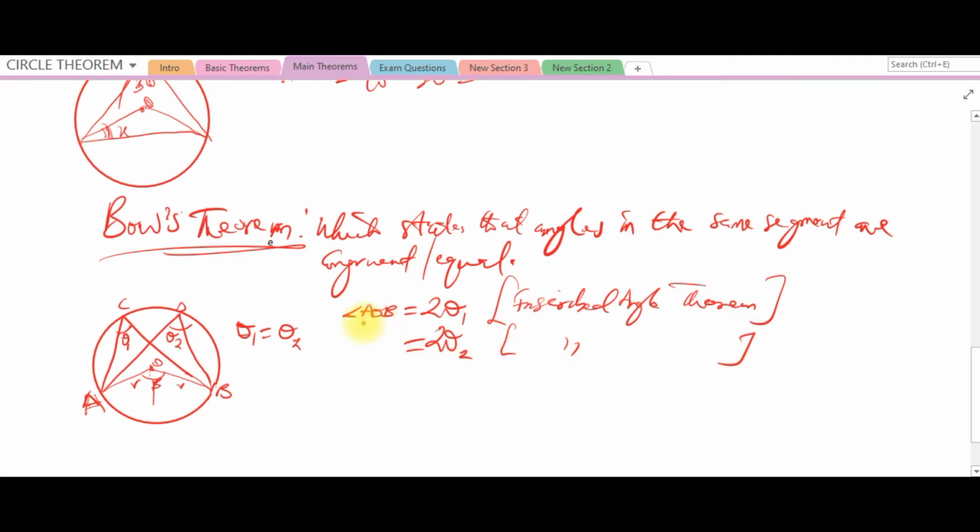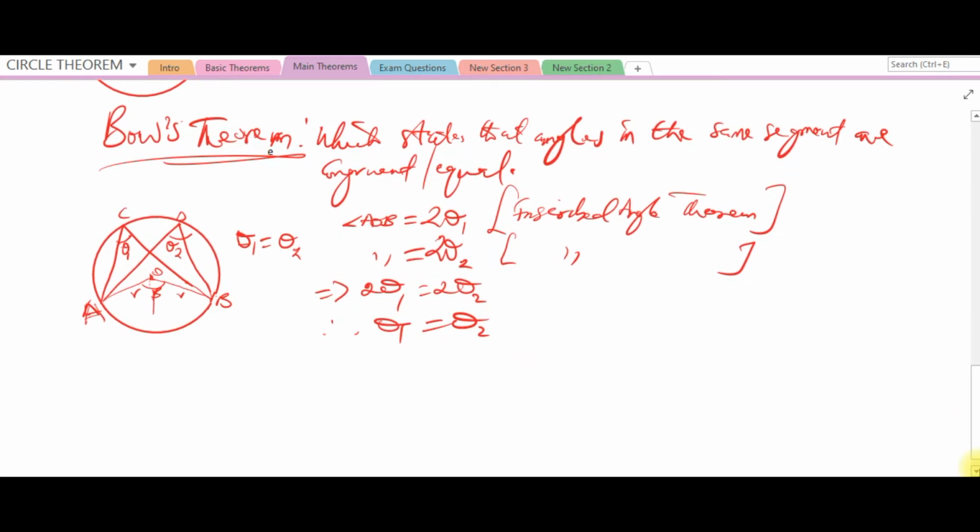Which implies that 2 theta 1 equals 2 theta 2. Therefore, theta 1 equals theta 2. So that's the theorem. Once you have two inscribed angles with the same intersected arc, they are always congruent, they are always equal.